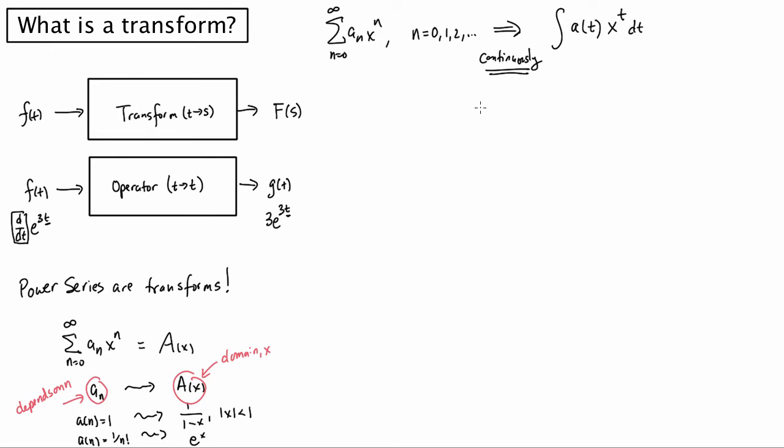The most appropriate value is if n is going to go from 0 to infinity, then t should also go from 0 to infinity, which means the limits of integration would be 0 to infinity in this case. Now, while that's all well and good, it's still not all that convenient of a notation for us, particularly because if this thing has any hope to converge, it's an improper integral. If it has any hope to converge, then x in this particular problem must be less than 1.